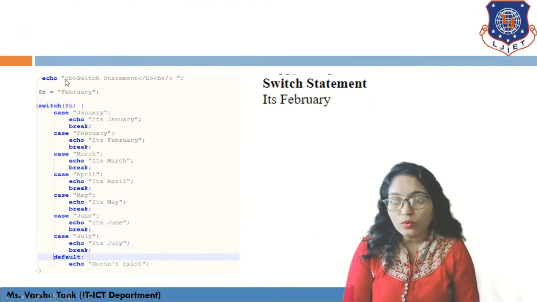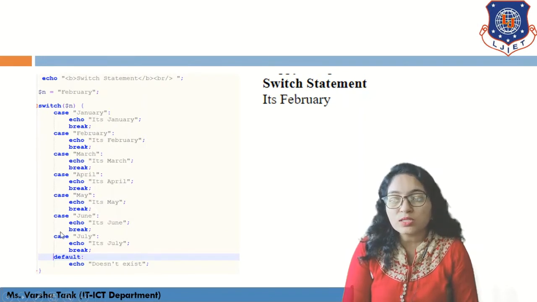Here, echo switch statement, it will just display it as a switch statement. $n is equal to February. Now switch $n. Okay, so case January, echo it's January, then break. So here you can see if our case matches this, then we have to display it's January and we have to break the switch statement.